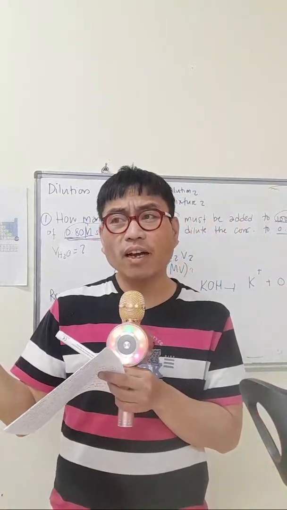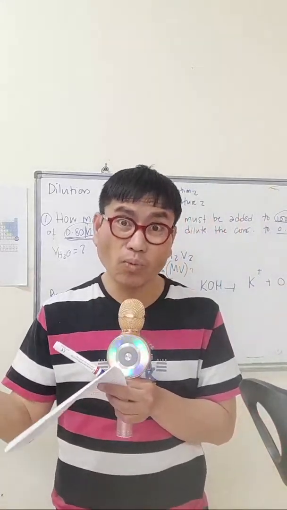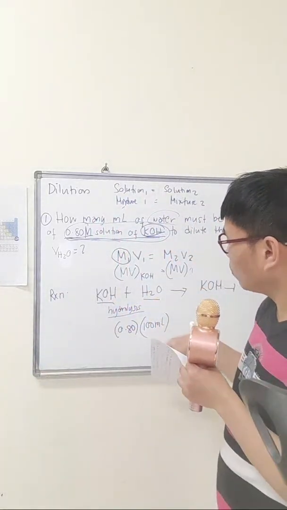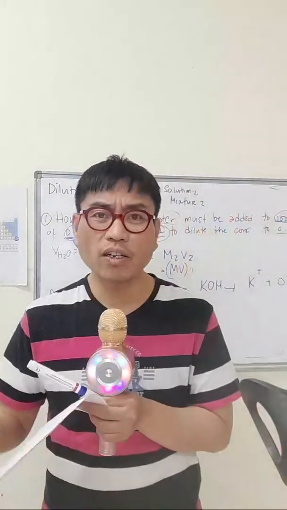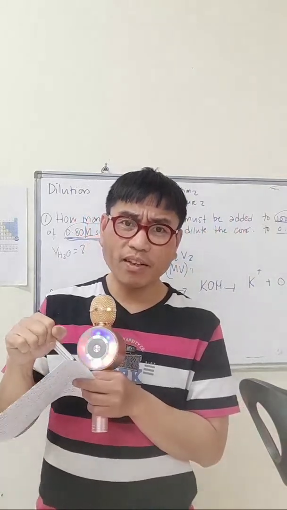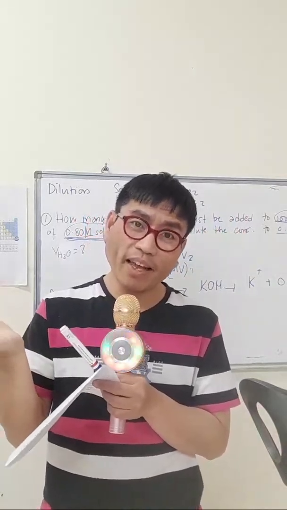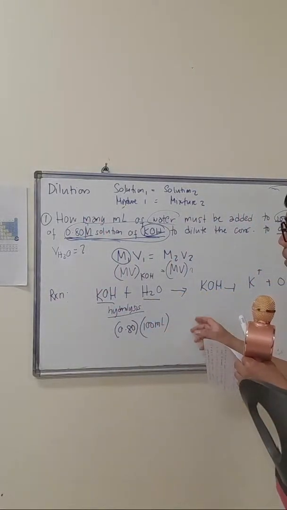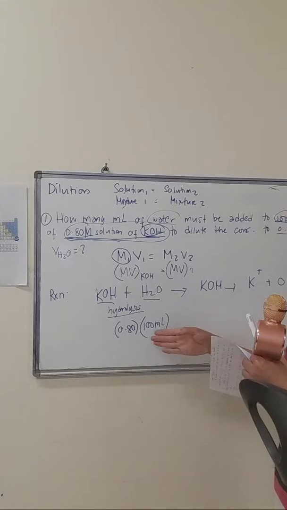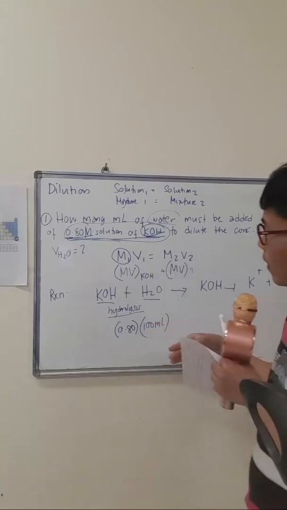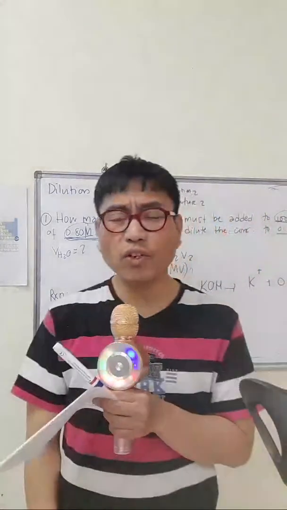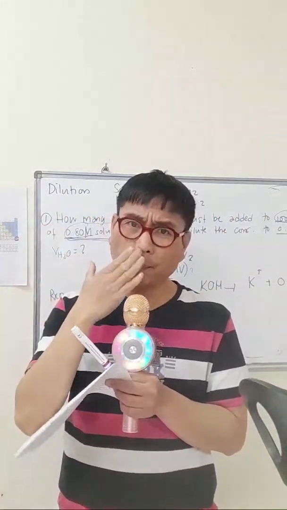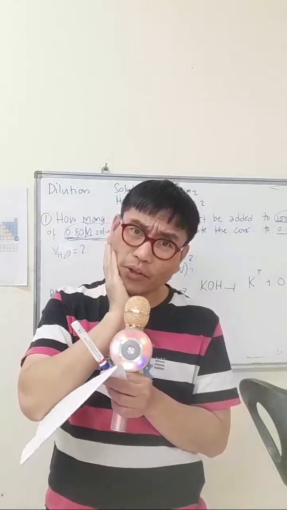So what if the volume is also asked? Then you should convert this 100 ml to liter first to make sure, because you cannot cancel the ml on both sides. You can cancel ml if there's an ml on the right side and the left side, even though you will not convert this milliliter to liter to be compatible with the 0.80 moles per liter. You get the point.